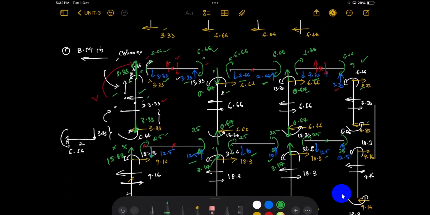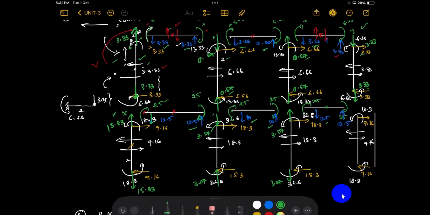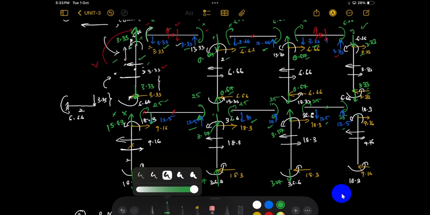So here comes to this, here comes to what is this? Downwards 3.33. Here comes 3.33 downwards, 12.5 upwards, or what is it? Downwards, sorry. Okay.